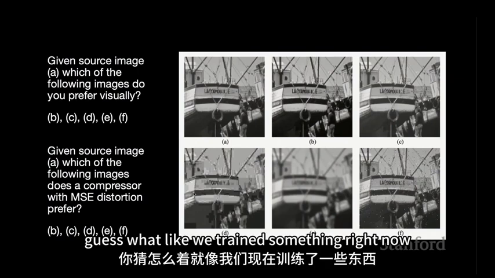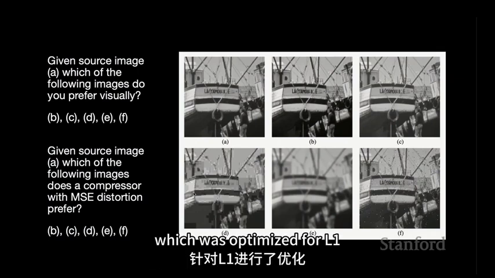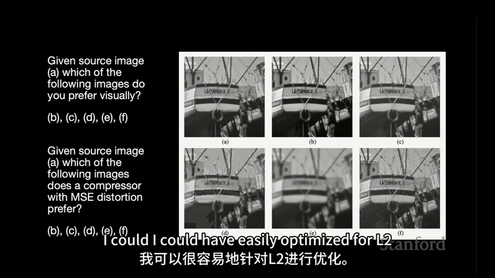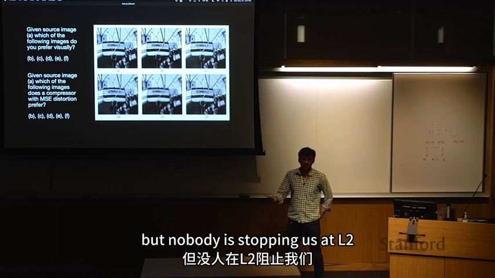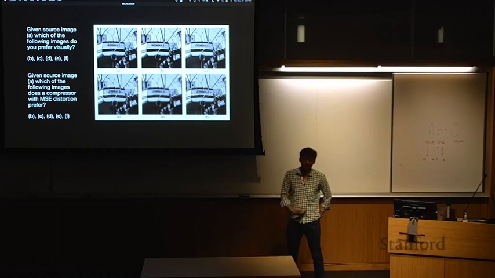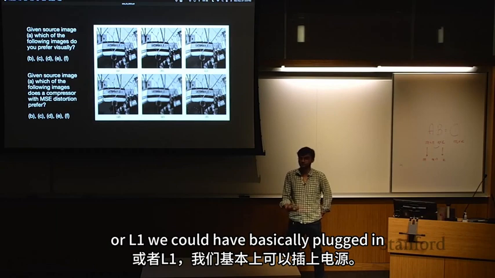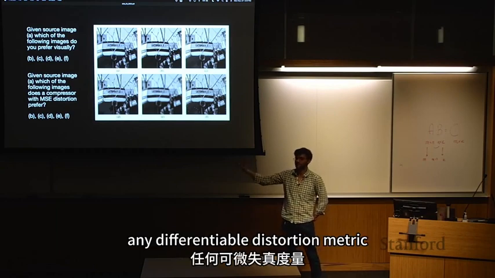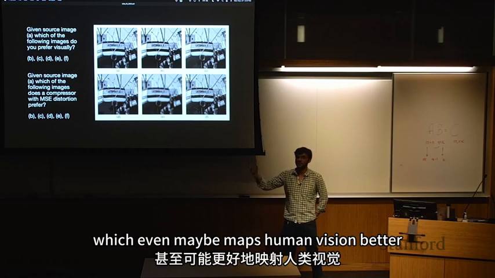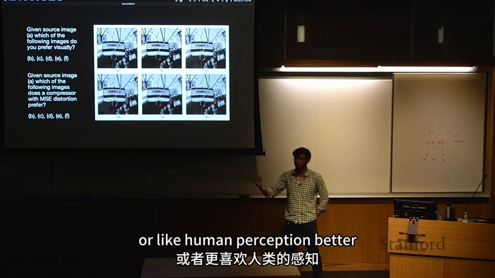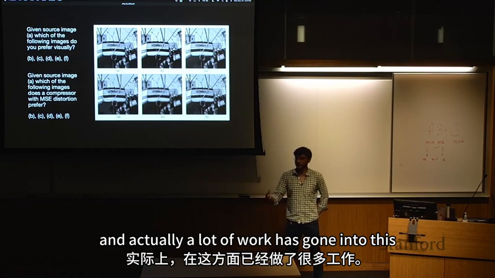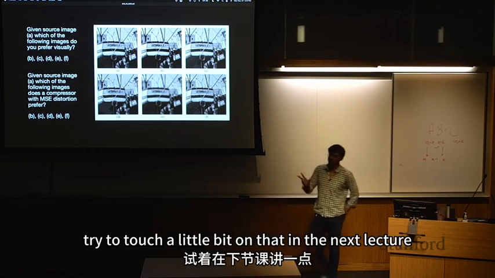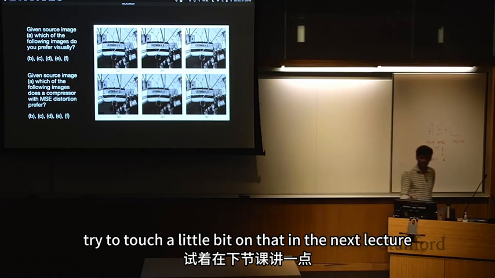We trained something right now which was optimized for L1. I could have easily optimized for L2, but nobody is stopping us at L2 or L1. We could have plugged in any differentiable distortion metric, which maybe even maps human vision or human perception better. A lot of work has gone into this, and we'll try to touch a little bit on that in the next lecture.